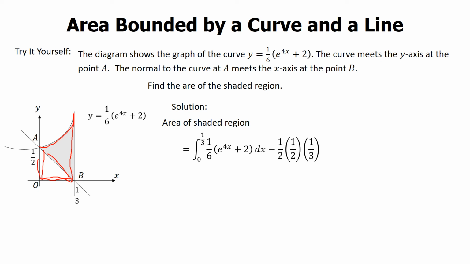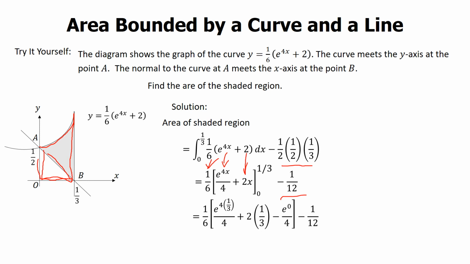Okay, and then just integrate e to the power 4x, we get e to the power 4x over 4. Integrate 2, we get 2x. So the rest you just copy 1 over 6, and the range is from 0 to 1/3. So half times half times 1 over 3, we get 1 over 12.